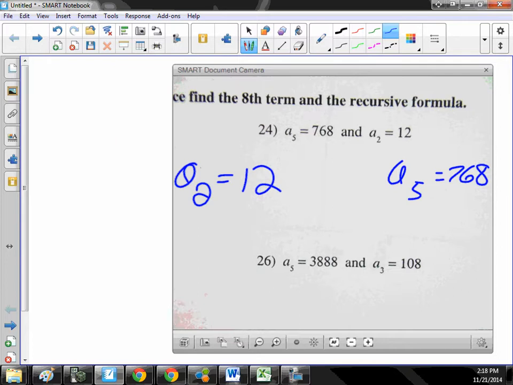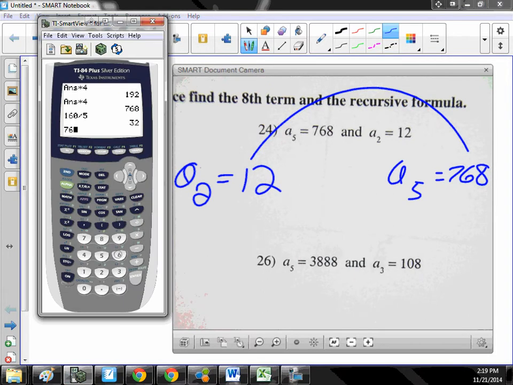Okay? What if my R was less than 1? Then it would be shrinking. Okay? So, how far did I travel? Wait a minute. It's not 756. Right? We're not adding every time. We're multiplying every time.